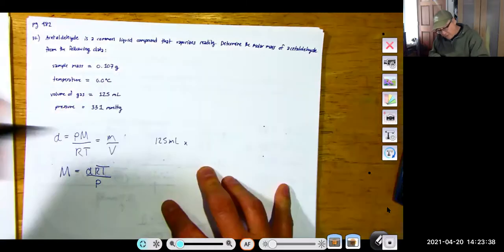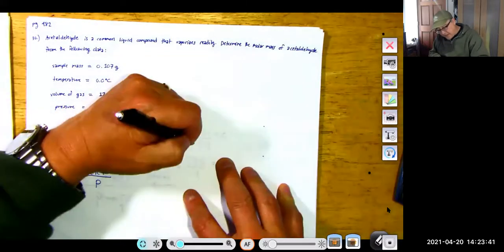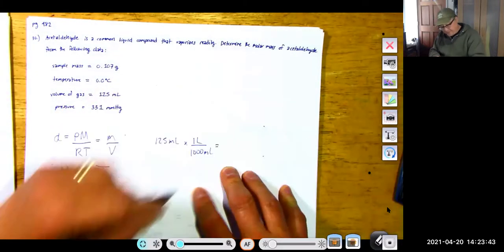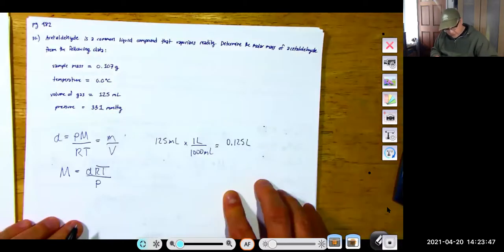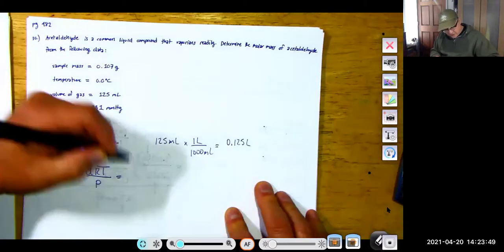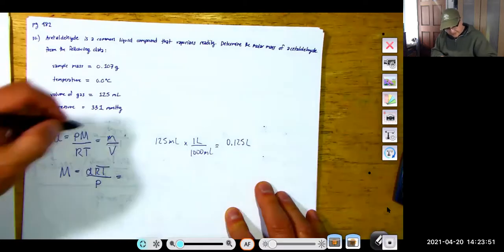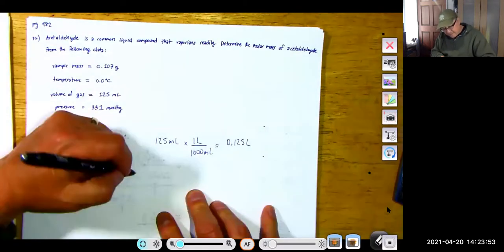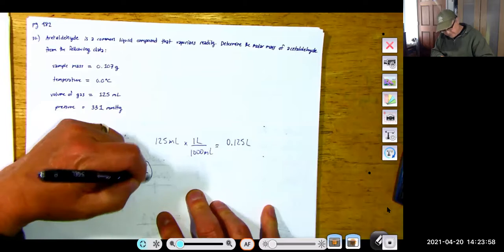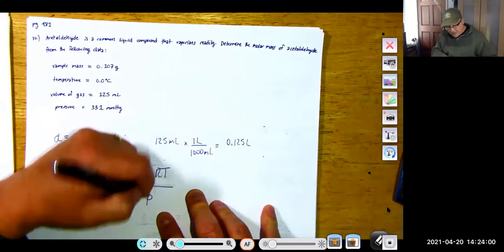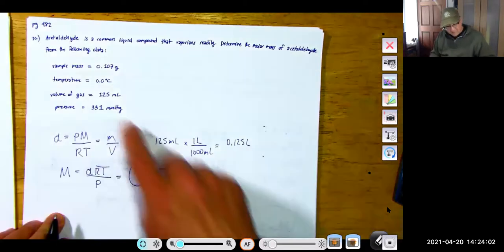I'm going to multiply by 1 liter over 1,000 milliliters and get 0.125 liters. You might even want to write this here: density is mass divided by volume, because it might help you to put in the proper numbers for mass and volume.